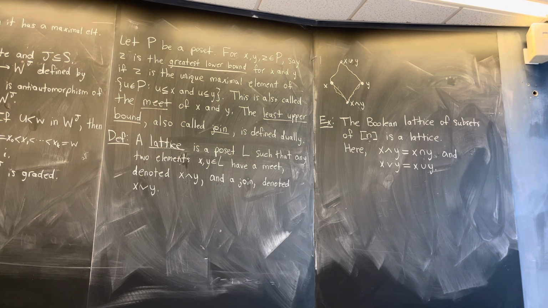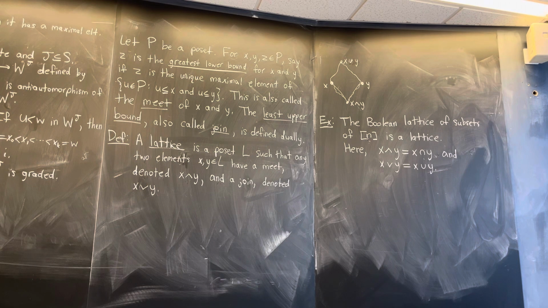So, example, the divisors of some positive integer n under divisibility is a lattice. So here's an example, let's say with n equals 12.